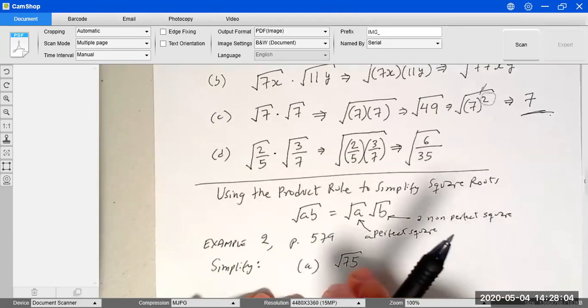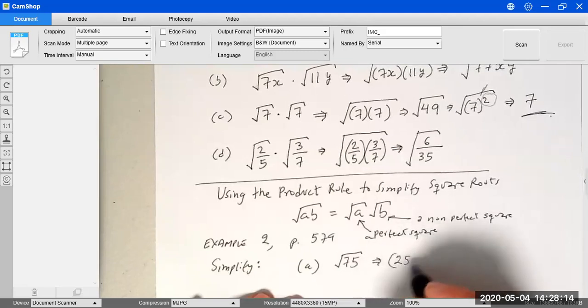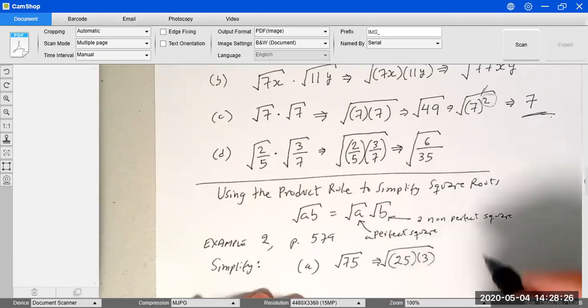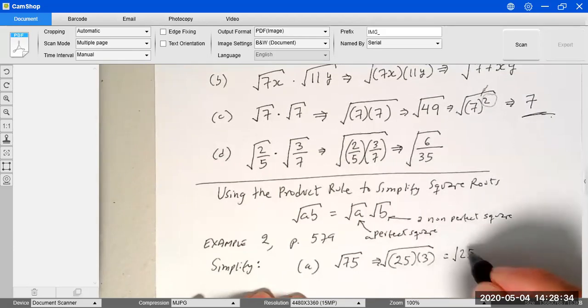So for example, 75. 75 can be written as 25 times 3, because 3 times 25 is going to be 75. And the important thing is that one of these two numbers is a perfect square and the other one is not a perfect square. So we're going to break this now into radicals. One is going to contain the perfect square and the other radical is going to contain the non-perfect square.